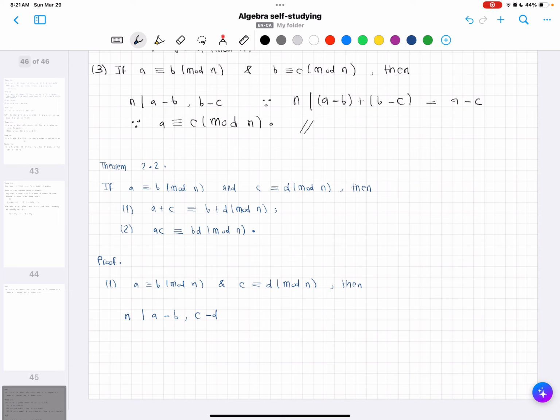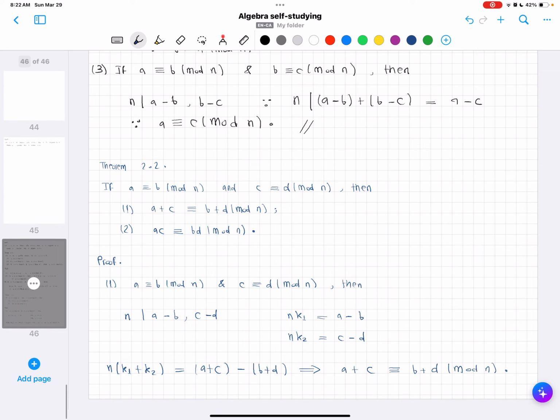So that means that n times k1 is equal to A minus B, and n times k2 is C minus D. So that means that n times (k1 plus k2) is equal to A plus C minus (B plus D), which means that A plus C is congruent to B plus D mod n.